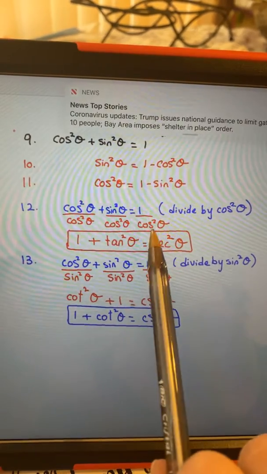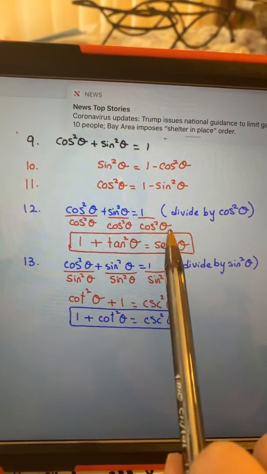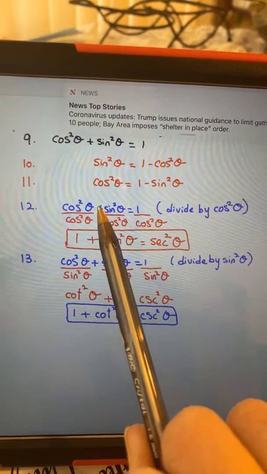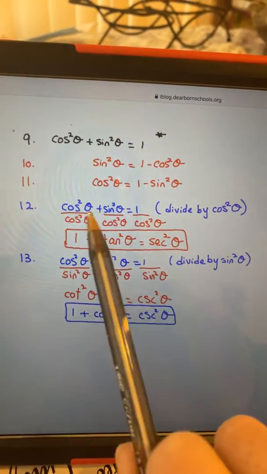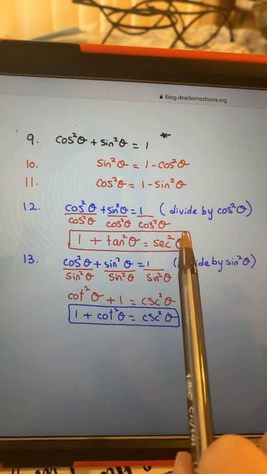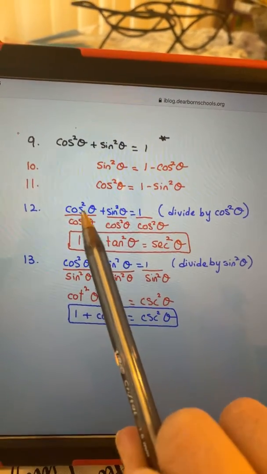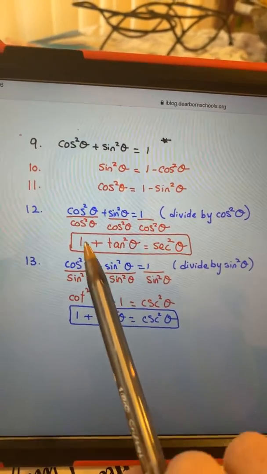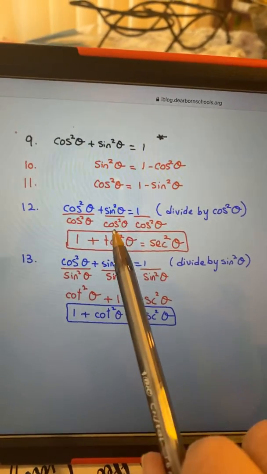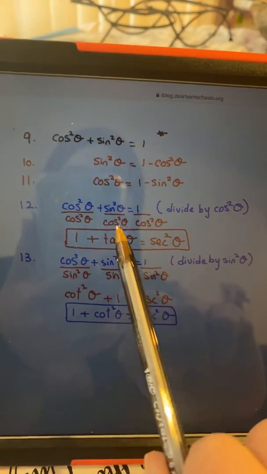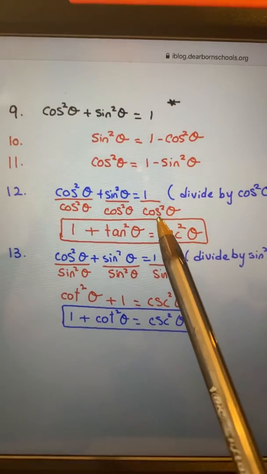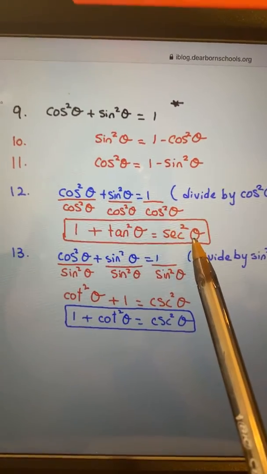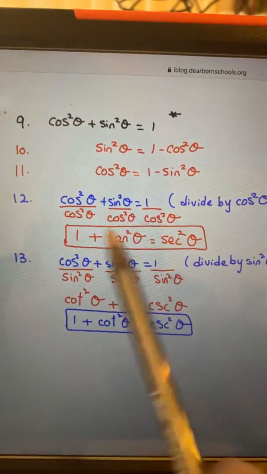Since this is an addition, we kind of split the common denominator. Now cosine squared over cosine squared is 1. Sine over cosine is tan, but because both of them are squared, it's tan squared. 1 over cosine squared is secant squared. So this is an important one as well.